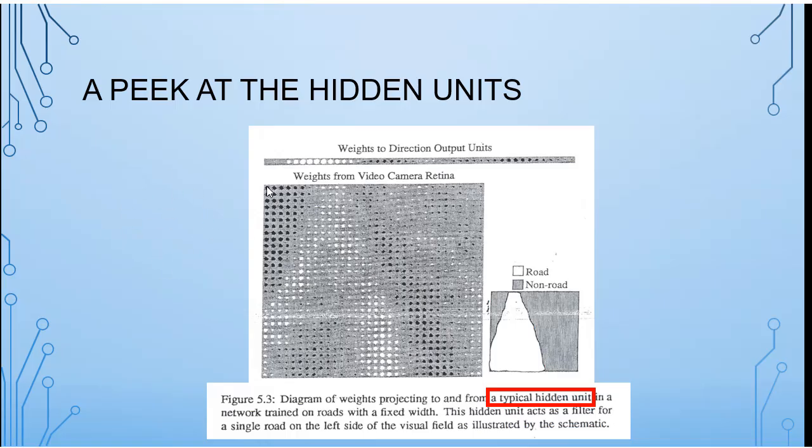And also a lower rate, but as we get in here, we've got a much higher weight to the input, and then the output weights from this neuron that go to the directional output units are shown in this line, right? So you can imagine your neuron sort of in between these guys. And Pomerleau tried to explain what these hidden units had learned.